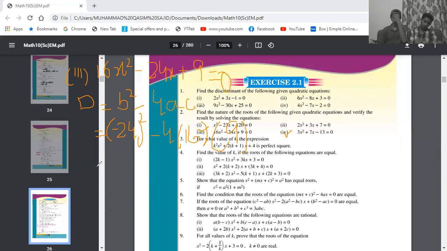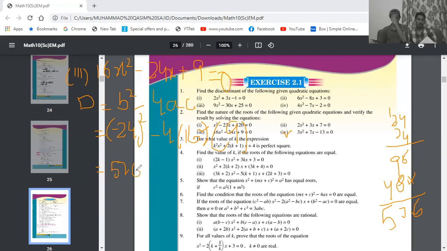So what is the square of 24? 24 multiplied by 24 must be equal to 576. So this value equals 576. Then there is a negative sign.